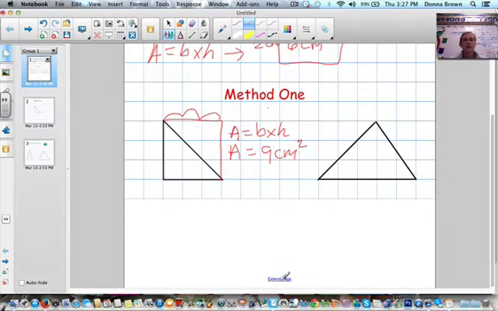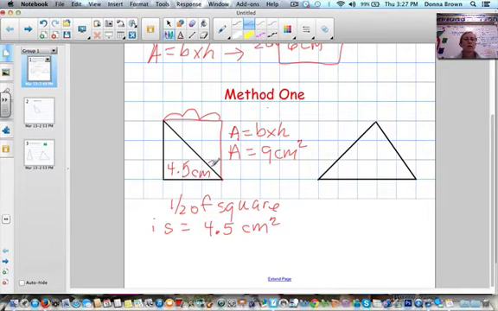Okay, then down here, half of the square is equal to half of this number, so it would be 4.5 square centimeters. And therefore you have just calculated that each one of these triangles, this size would be 4.5 square centimeters.